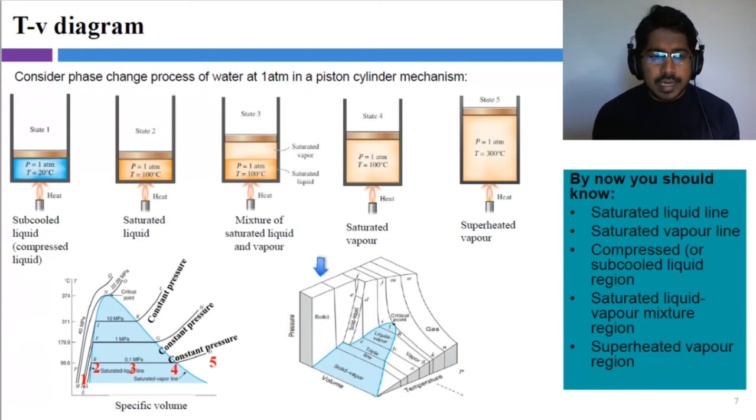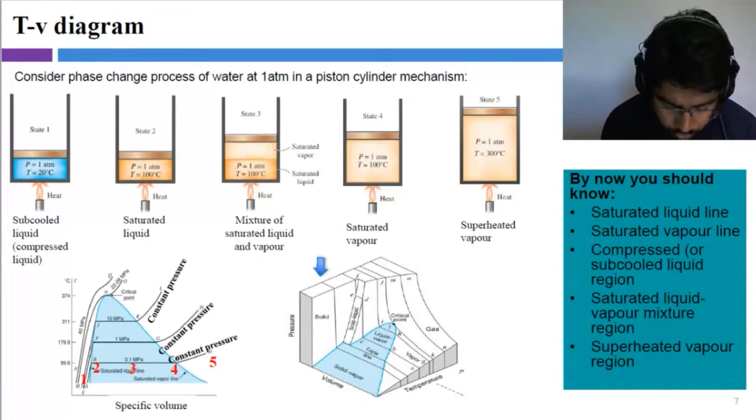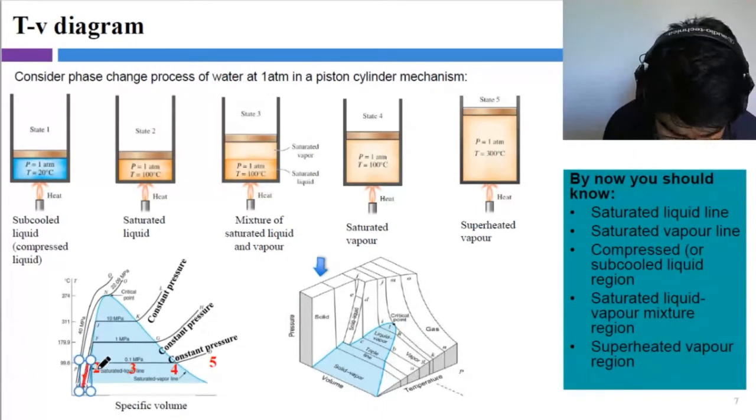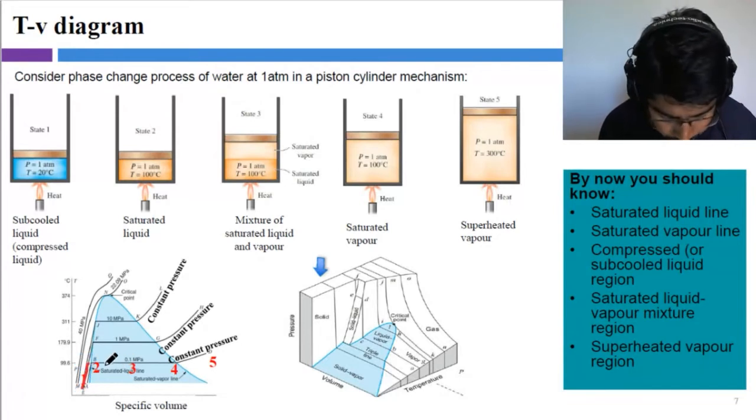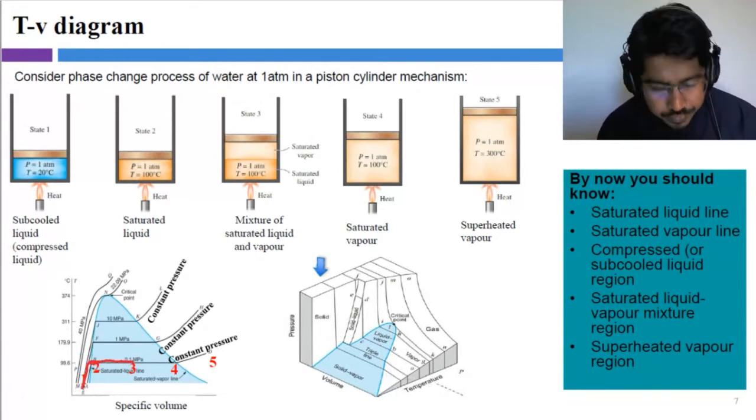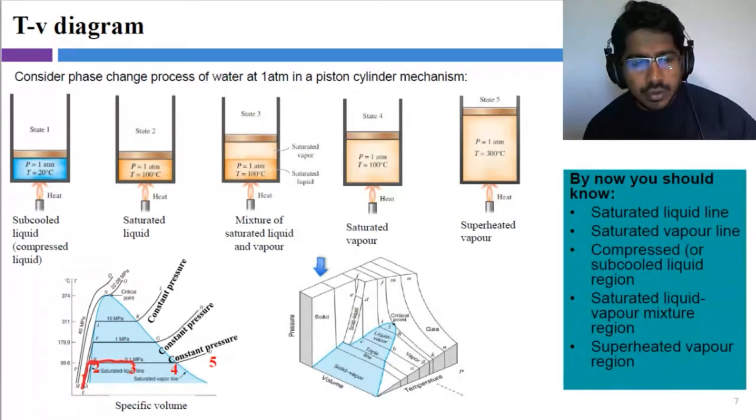When we heat up the setup a little bit more, then we come to a point where we have liquid and vapor in equilibrium, and that point has to be on the same pressure line, right? The pressure did not change because we don't have any resistance. So we came on this line, and then we continue along this line, and state 3 is also on the same pressure line.